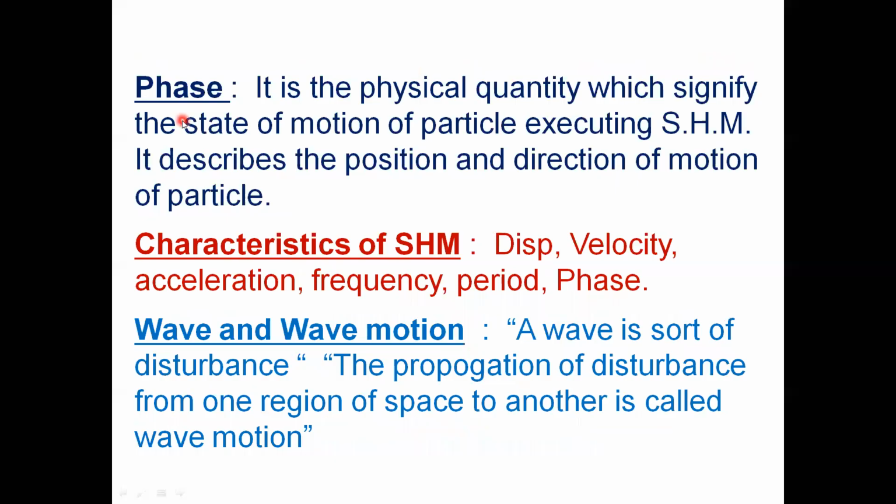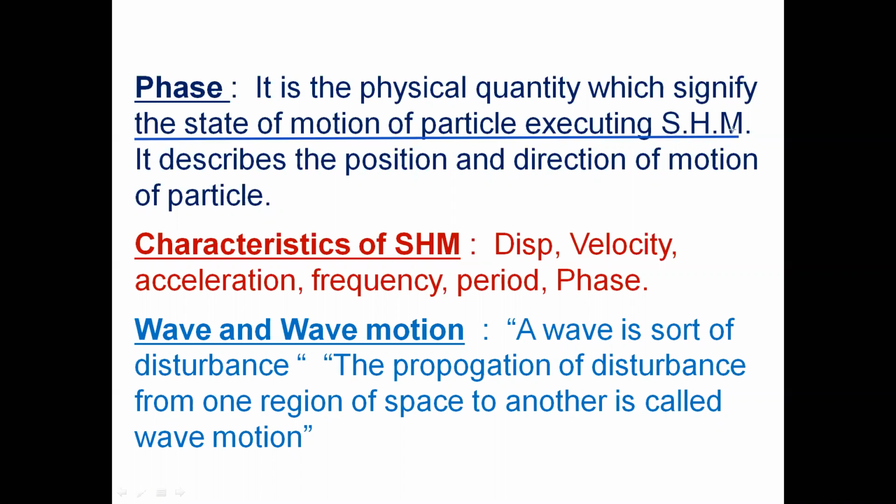Okay, now see, phase means what? Just understand it. For that, let us take a tool. It is the physical quantity which signifies the state of motion. The important understanding here is the state of motion. Phase means the state of motion of the particle executing simple harmonic motion. Remember this one sentence.